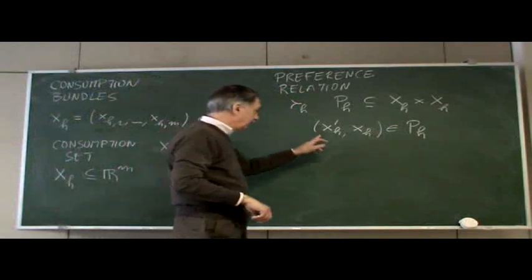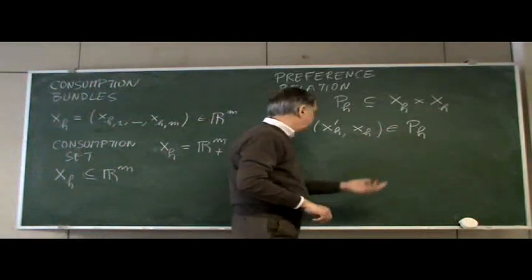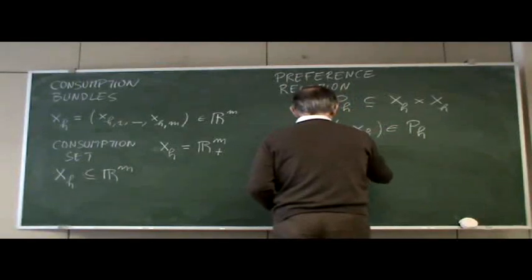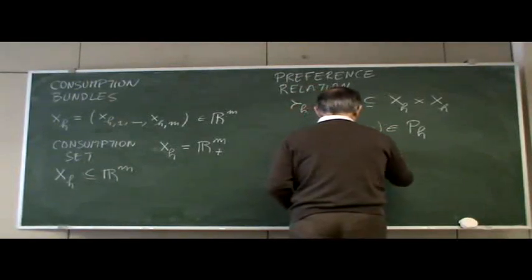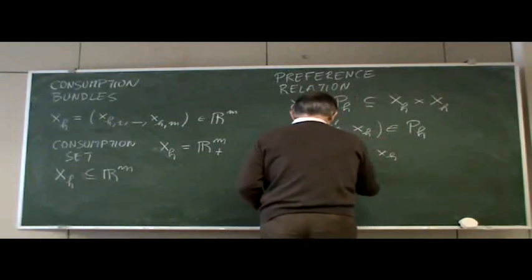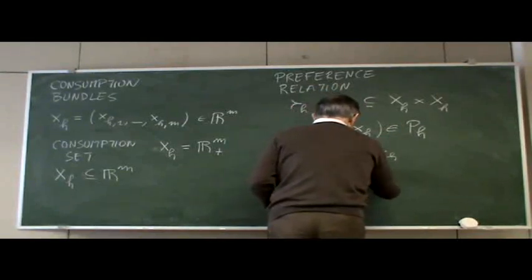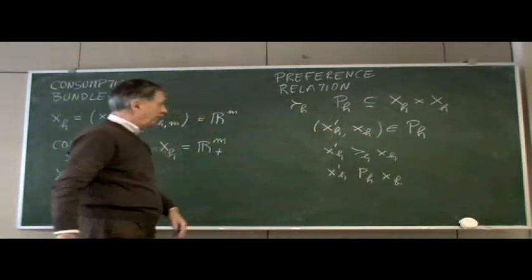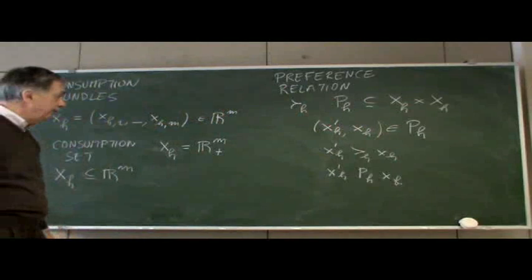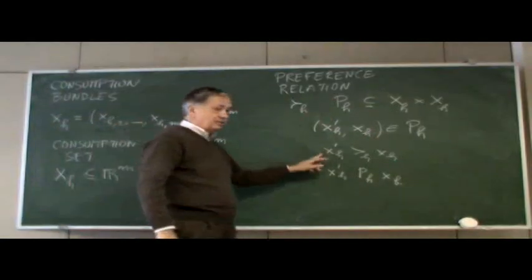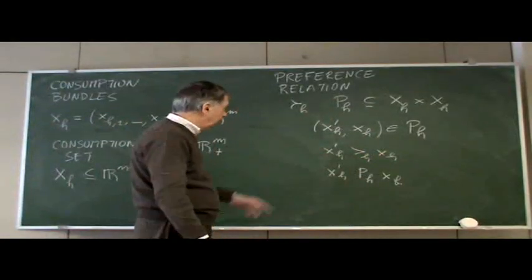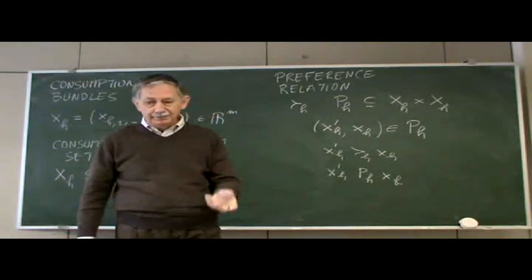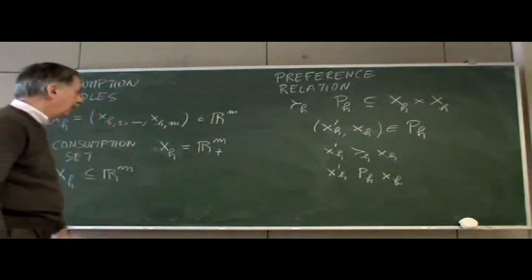The first element of this pair is preferred to the second. This is the same as writing X prime H strictly preferred to XH, or X prime H preferred to XH, and so on. All these notations are equivalent. This is the most familiar one to you, but I shall use this notation because from a mathematical point of view it is more appropriate.